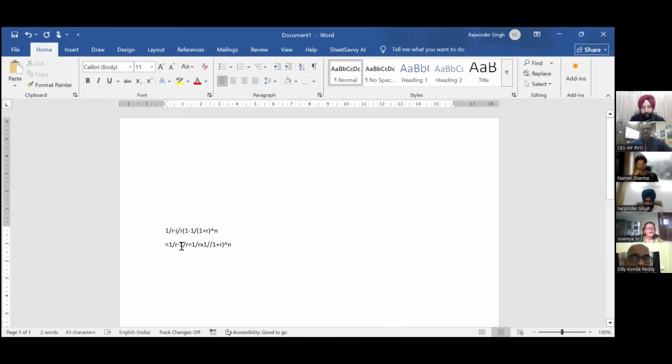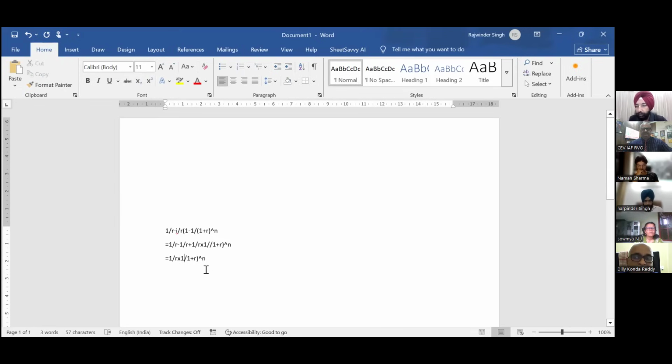This 1 by R and minus 1 by R will cancel each other. You will be left with only this part: 1 divided by 1 plus R raised to power n.